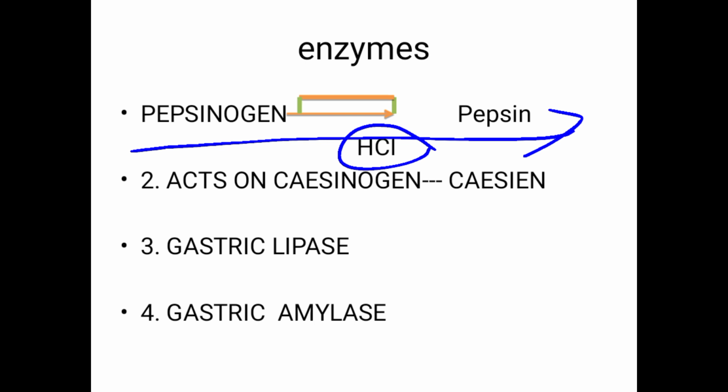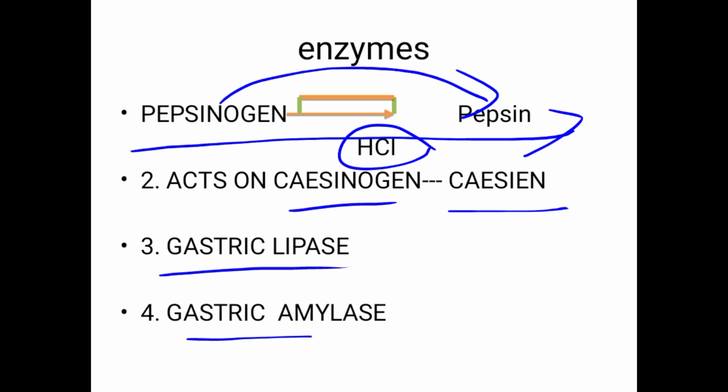Only whenever food enters the stomach does the HCl secretion increase. This HCl converts pepsinogen into pepsin, which then acts on caseinogen, converting it into casein. Then there are gastric lipase and gastric amylase.